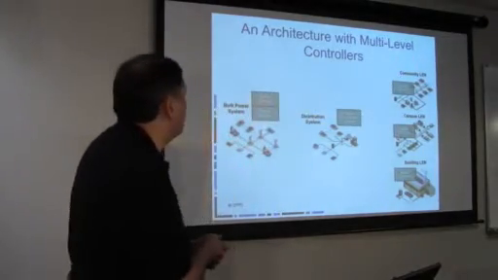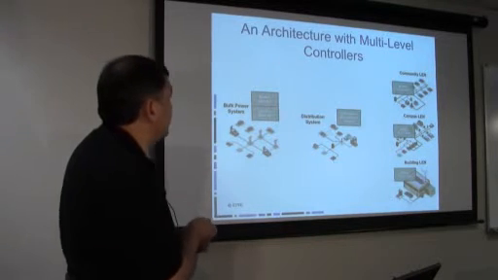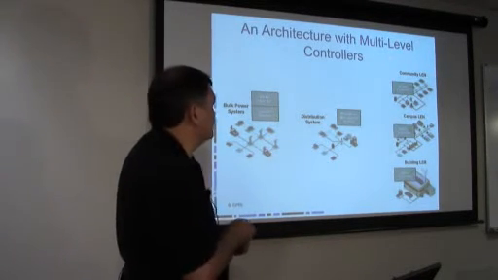And so basically a lot of the computer technology, the communications, keeps on coming down in price, and what we need is the right training and the procedures to make this all work together. So what is being proposed is an architecture with multiple level controllers.